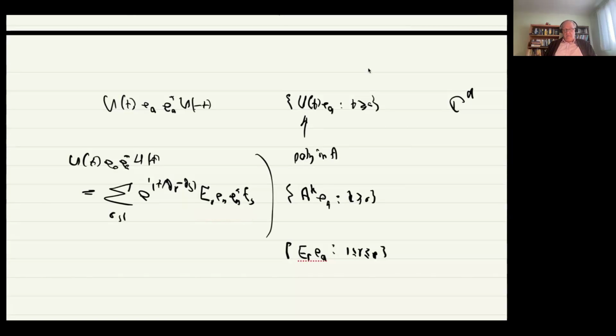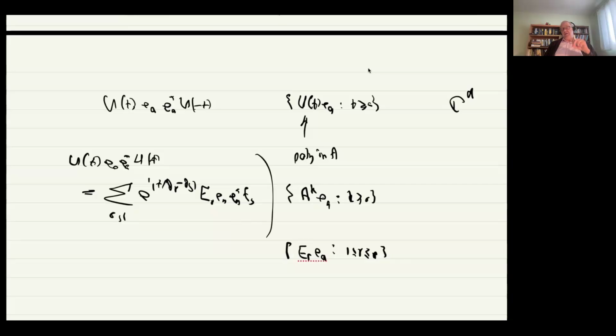Now, this is a column vector, this is the row vector, and the only way this can be 0 is if either this is 0 or this is 0. So what this is telling us is I don't care about the eigenvalues θ_r such that E_r E_A is 0.